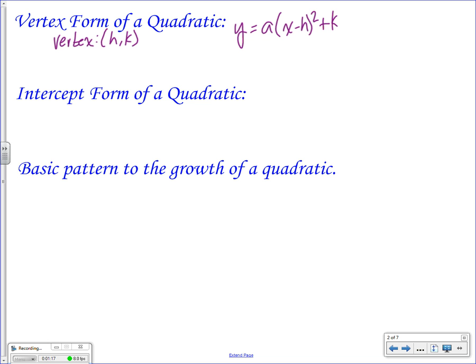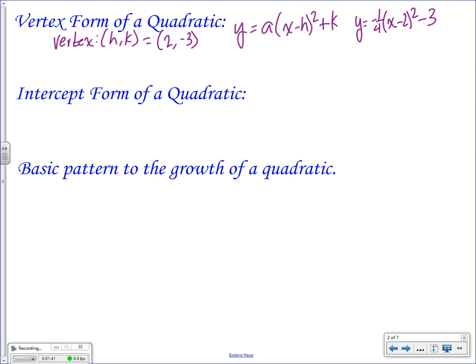So if we have an example, I'm just going to make one up. y equals -1/4 (x minus 2) squared minus 3. So my vertex here would be, h is -2, so it's going to be (2, -3). Very simple.